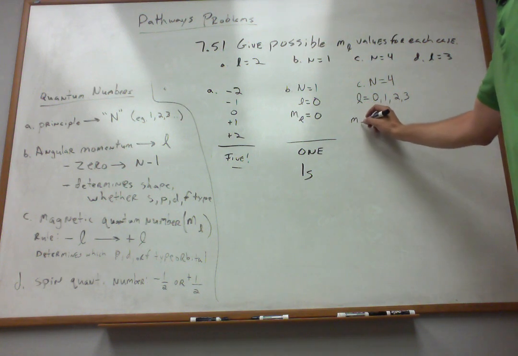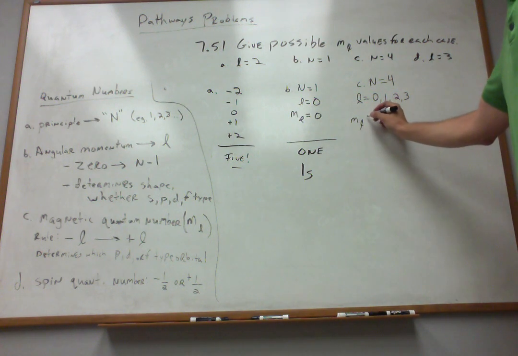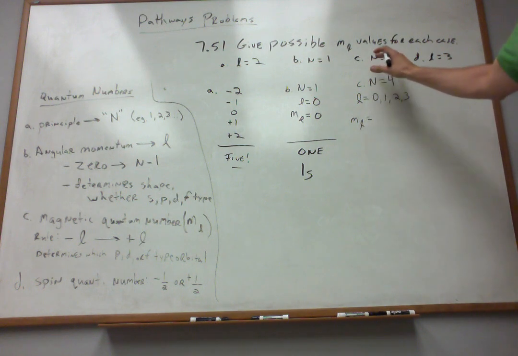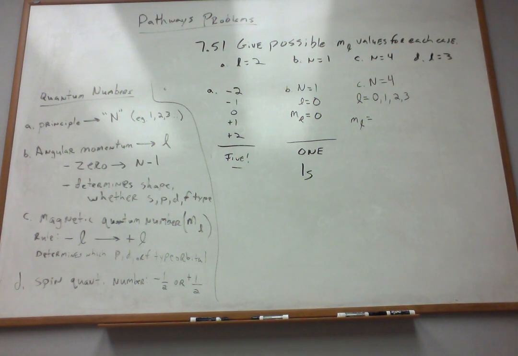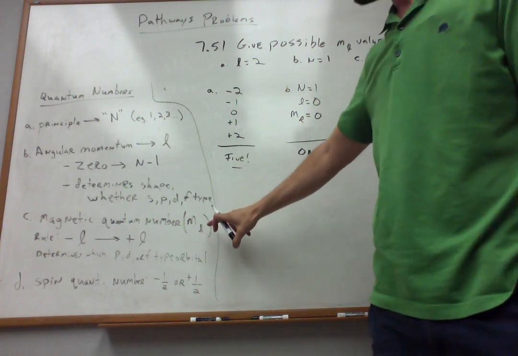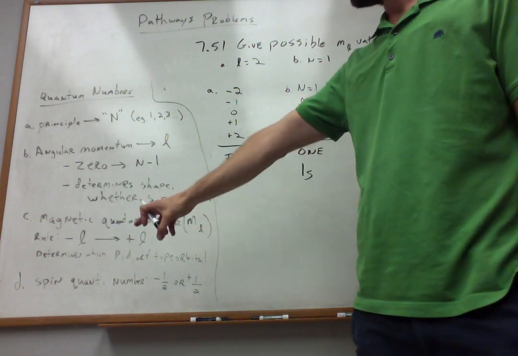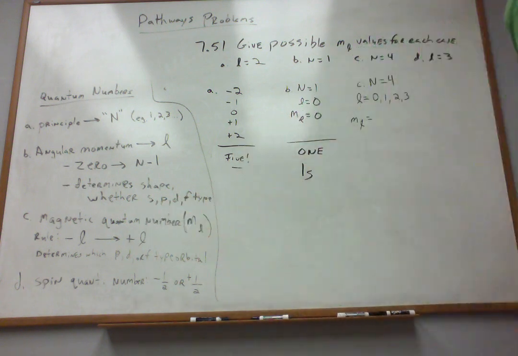Now, we want to know about all the possible m sub L's for this level. Let's think about that some. My possible values for m sub L are minus L all the way up to positive L.